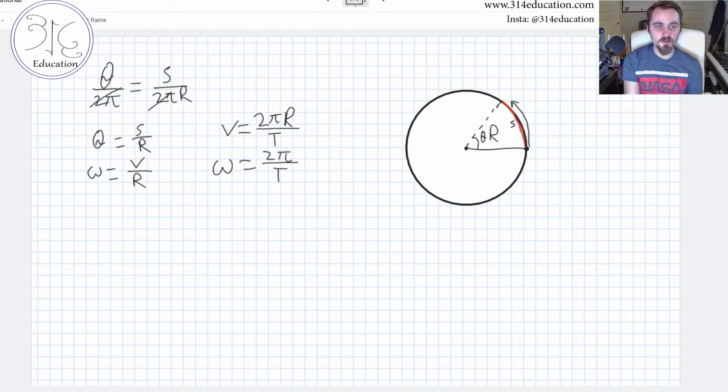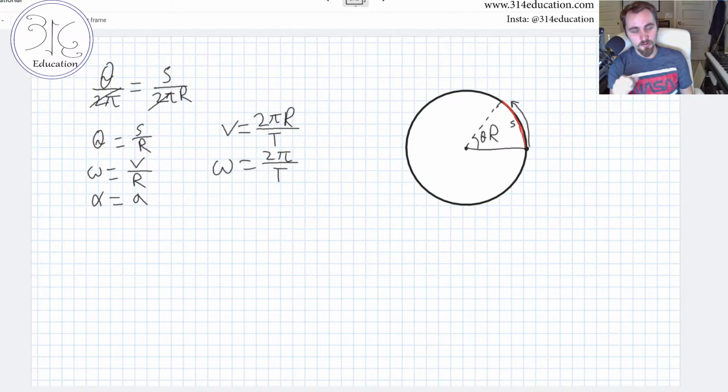And we'll see this idea persist when we move to acceleration. So for acceleration, an angular acceleration, alpha, is just going to equal our a, which is our tangential acceleration, not our centripetal acceleration, not the radially inwards, but this is pointing along the edge. So this would imply an increased rate of rotation.